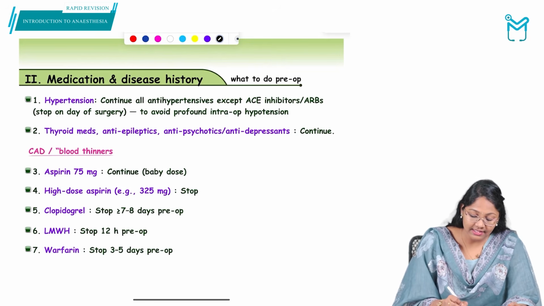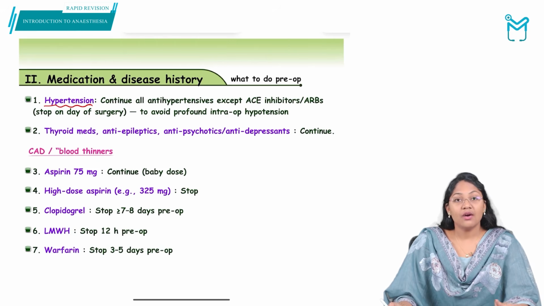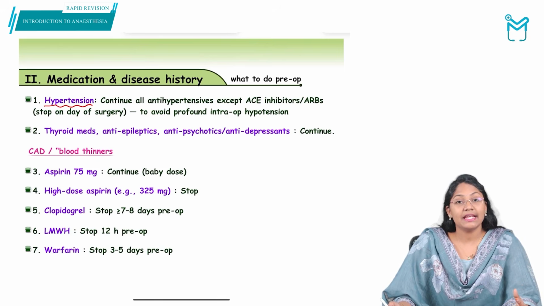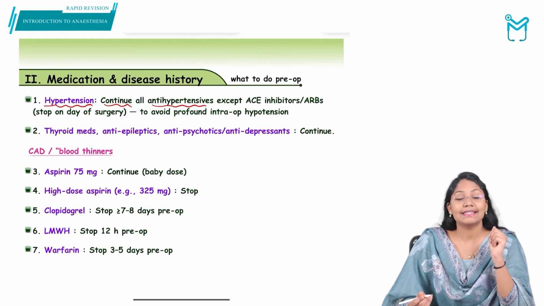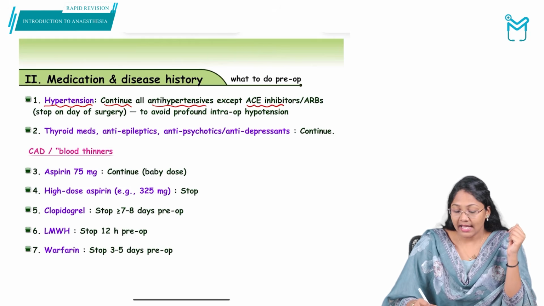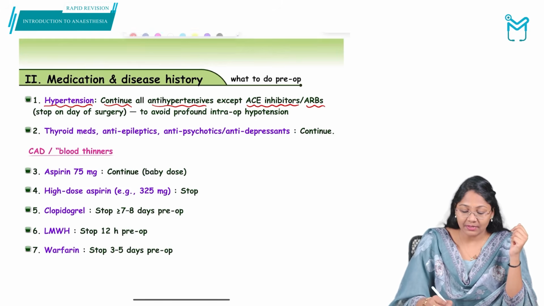The first disease is hypertension. So for the hypertensive patients, in the pre-anesthetic checkup, we ask them to continue all the antihypertensive drugs except two classes. Those are ACE inhibitors as well as angiotensin receptor blockers.